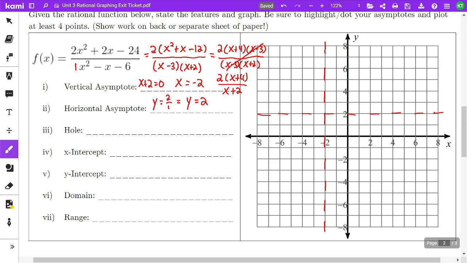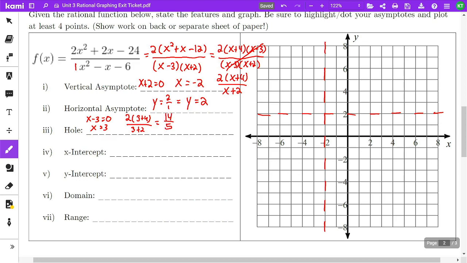And next, let's work on figuring out our hole and the coordinate of our hole. So we crossed out x minus 3, so we'll set that equal to 0. So I'll have x is equal to 3. I'm going to plug that into my simplified form to get my y coordinate. So I'll have 2 times 3 plus 4 divided by 3 plus 2. 3 plus 4 is 7 times 2 is 14 divided by 5.